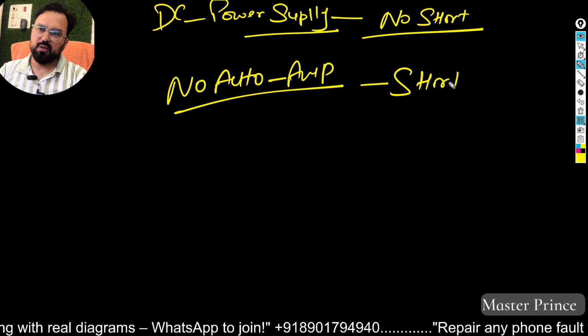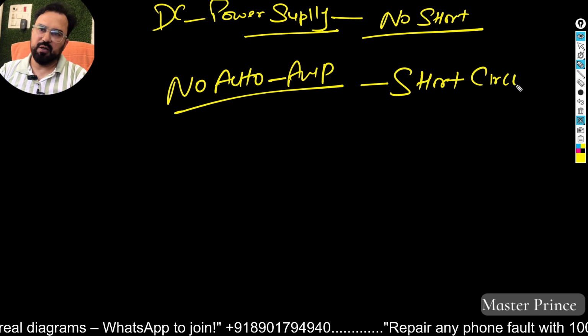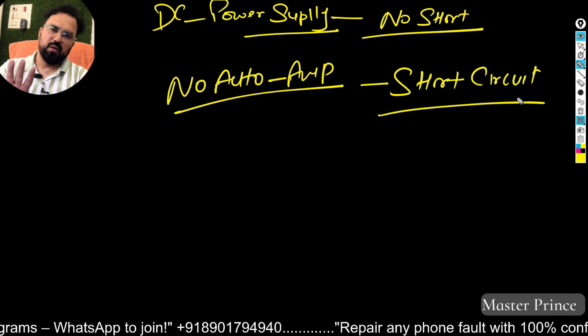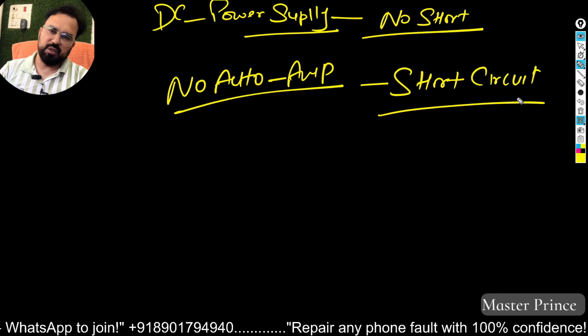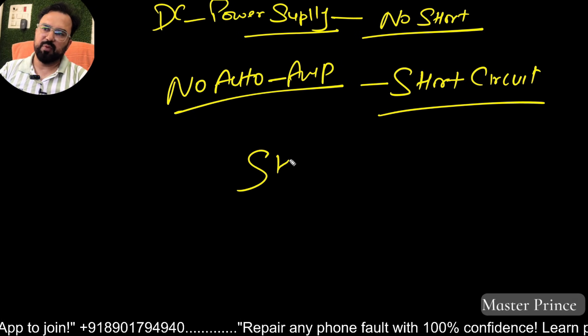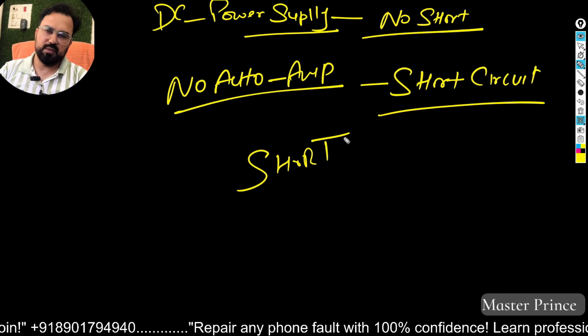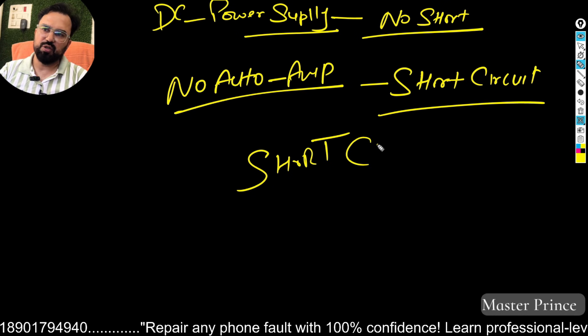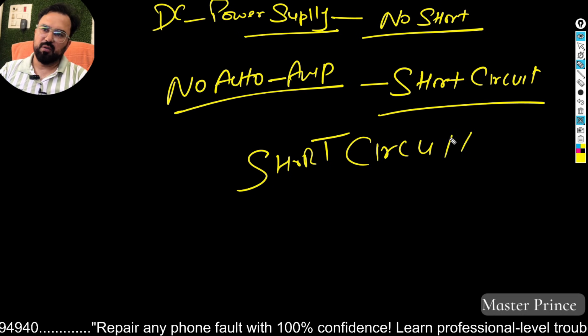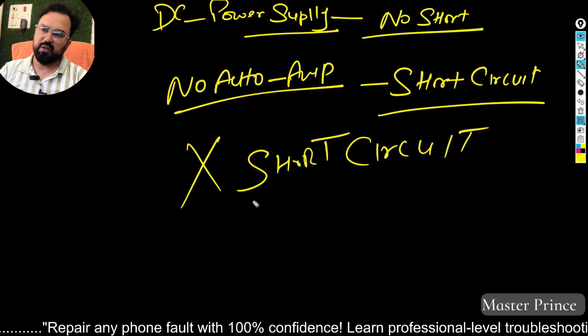Still there is a chance of a short circuit in a secondary line, but I will say there is no short circuit, because we understand something else in this video.